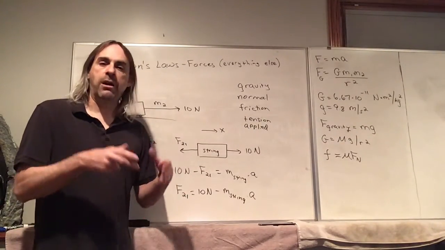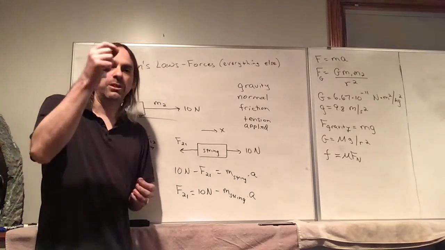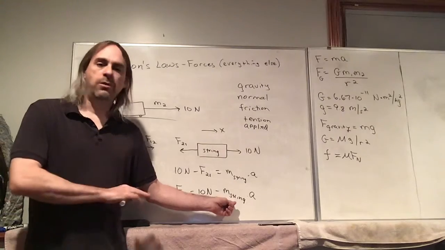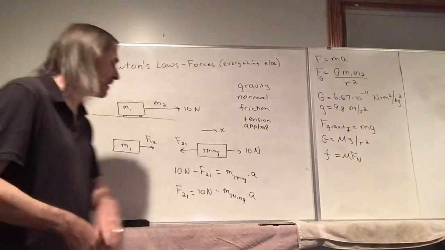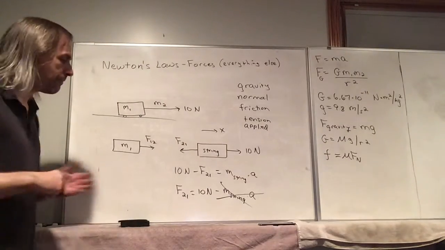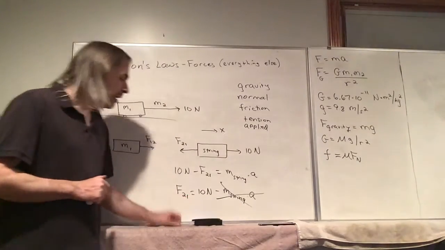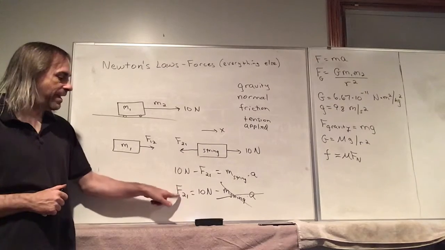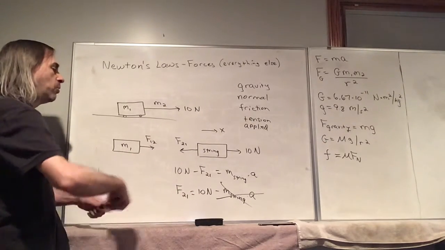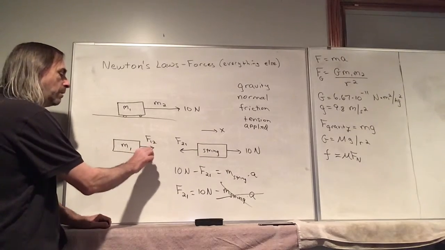You can support a very large mass with just a thin string. And so typically the mass of the string is so small, we don't care about it. So even if there is an acceleration, let's just ignore that. And so typically we just say that F21 is 10 newtons, which means that F12 is also 10 newtons.